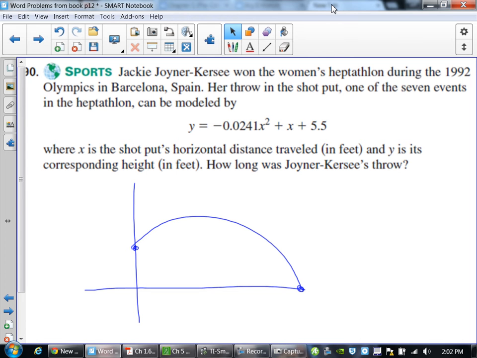Because it's starting at 5.5, it's got to fall back to here. I can't use that axis of symmetry to double to get out there. But what I can do is just put it in my calculator and figure out the zero on that end. That's it. That's all you have to do on this problem.